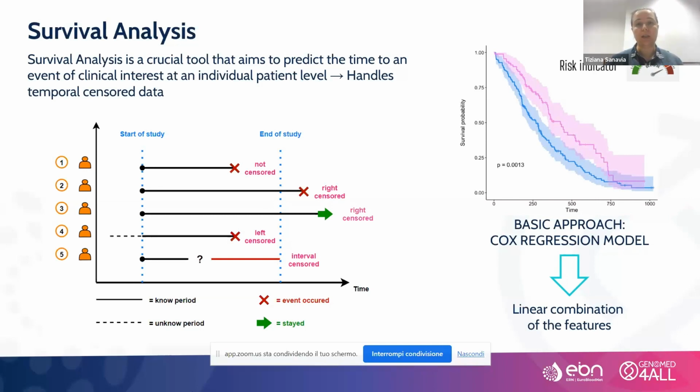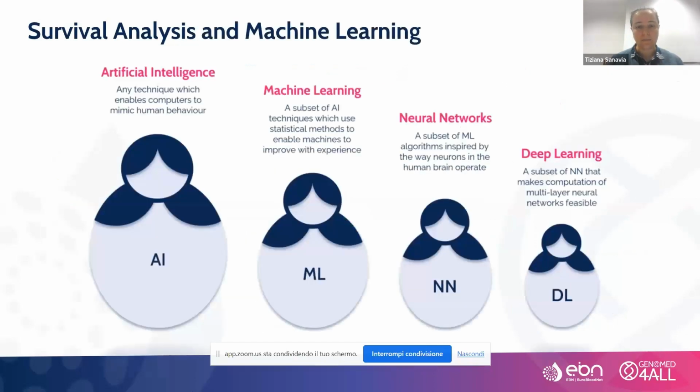Therefore, what we do is sum all the features that we want to include in our model, and each feature is modulated by a weight that is predicted by the model in order to have a combination that achieves the best performance. In the last years, there was a further development in machine learning methods.